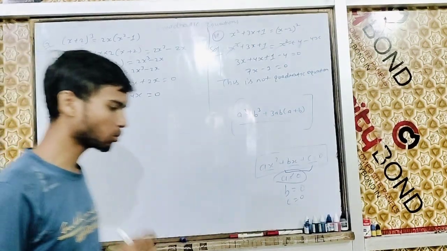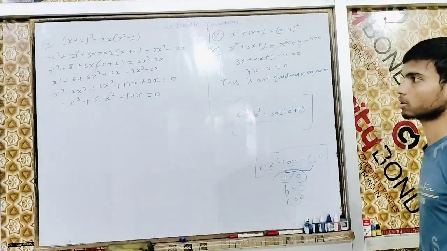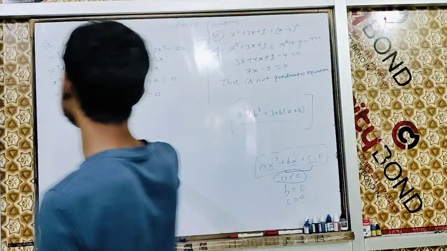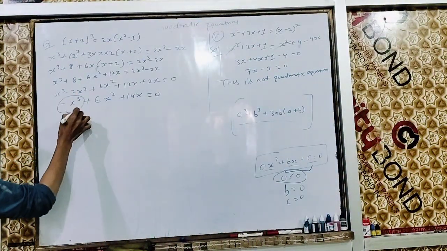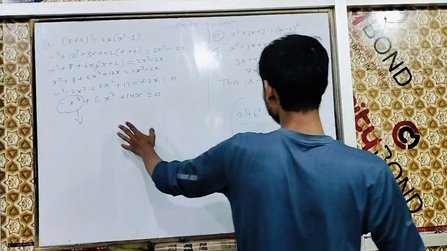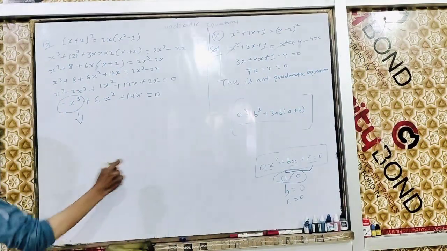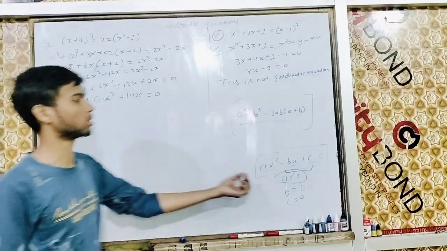Can you confidently say that this is in this form? No, of course not, because here this variable has exponent 3, but that is not a requirement for this. So at the end, the conclusion is that this is not in this form.